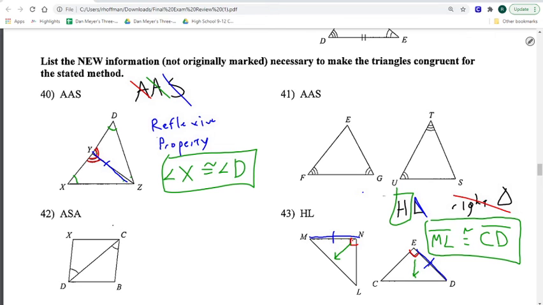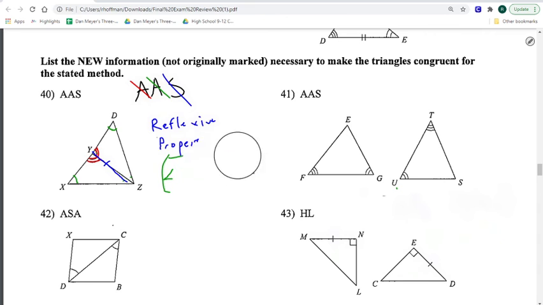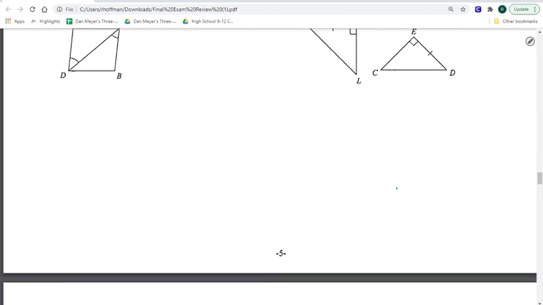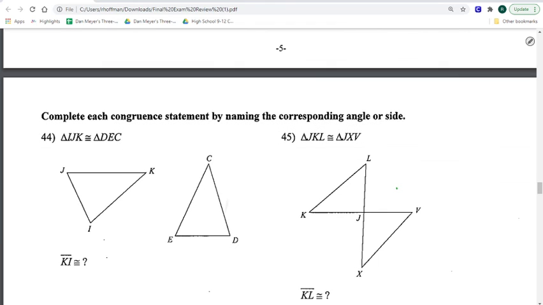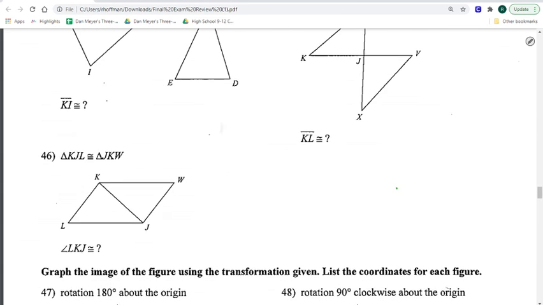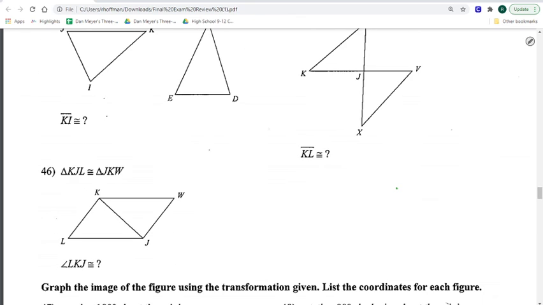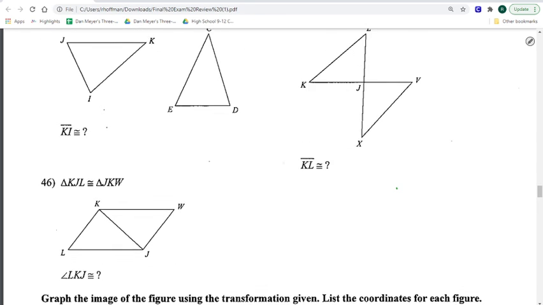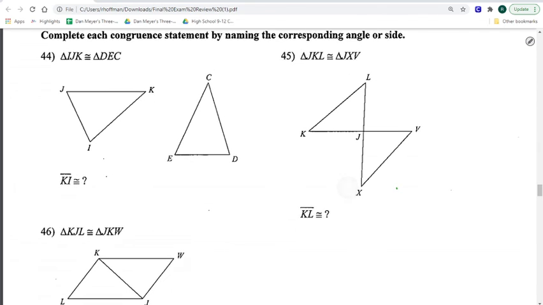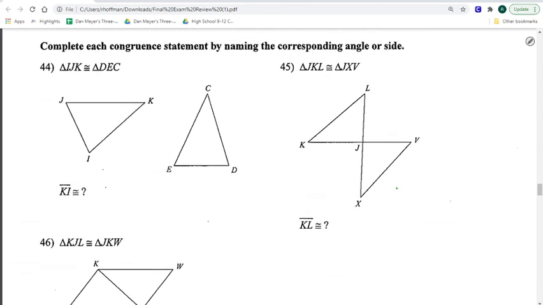All right, a couple more things to practice with congruent triangles. We're almost done here. So this is making sure that we know how to do the congruent statements.